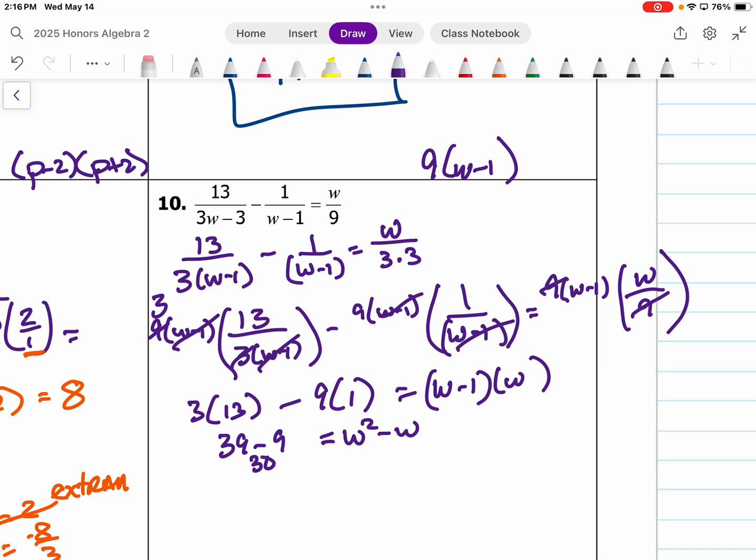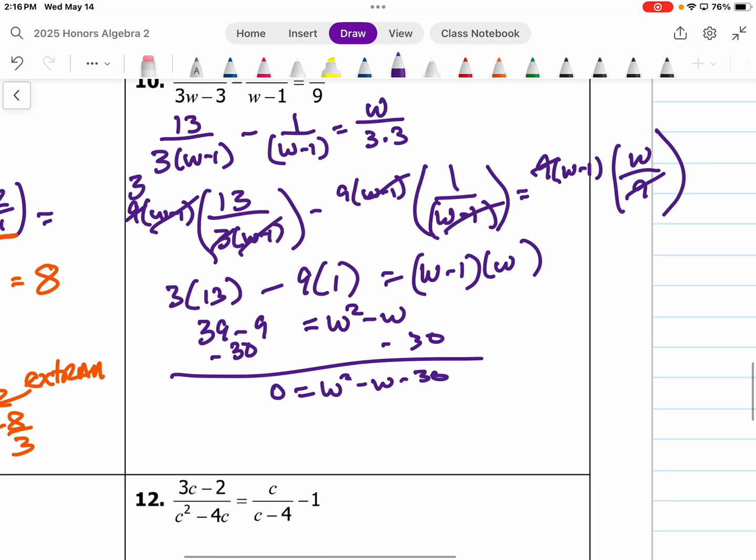I subtract that over to the other side, and I get 0 equals W squared minus W minus 30. That factors into W minus 6, W plus 5. So W is equal to 6, and W is equal to negative 5.